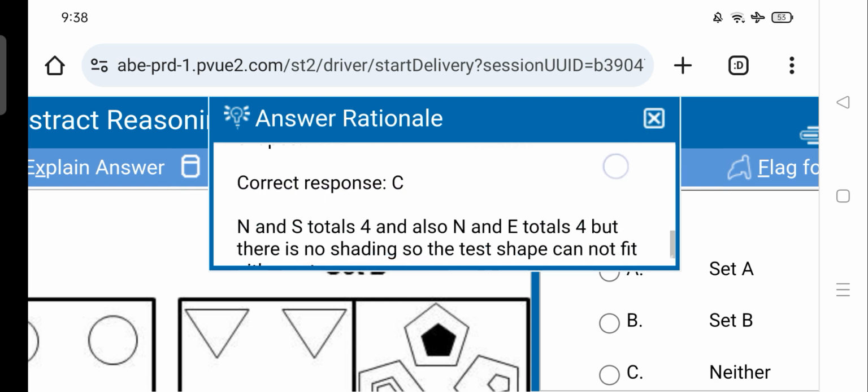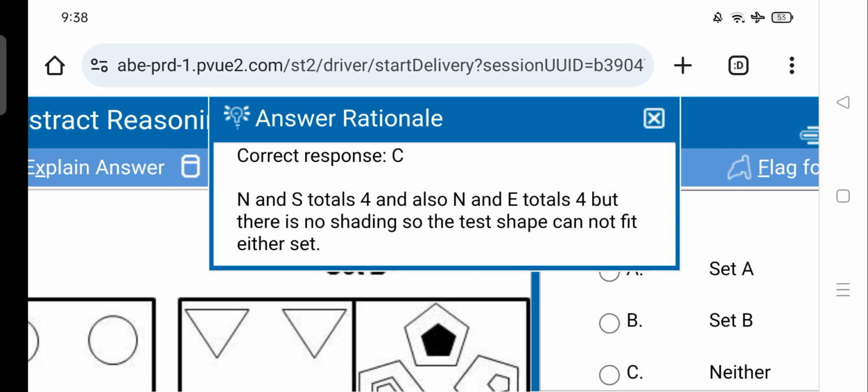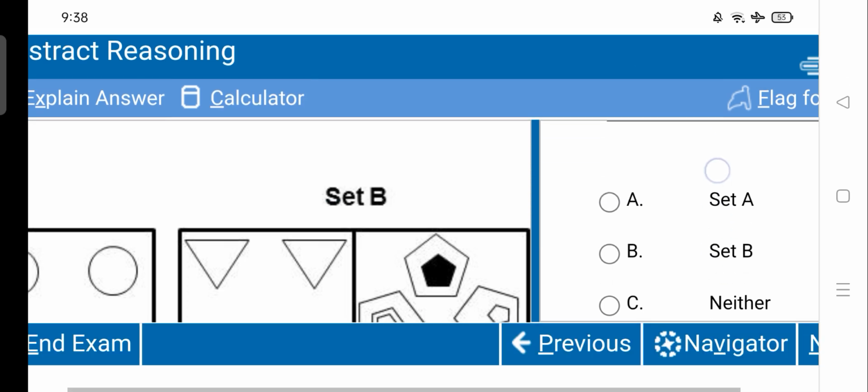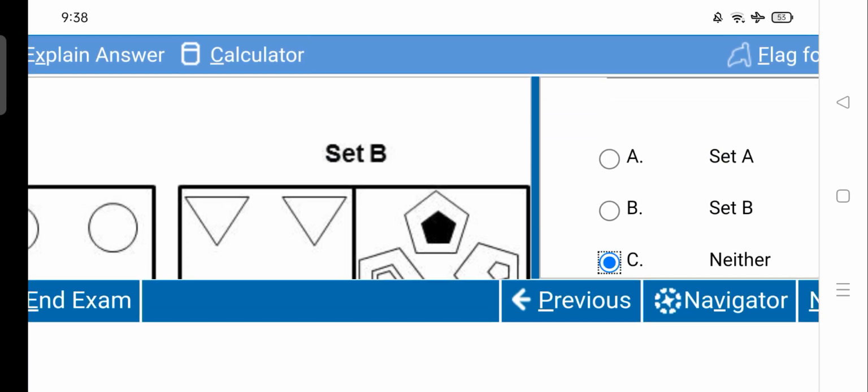So the correct response we have is C, as the N and S total 4 and also N and E total 4. But there is no shading, so the test shape cannot fit either set. That's why option C is the correct option. This test shape is related to neither of the sets.